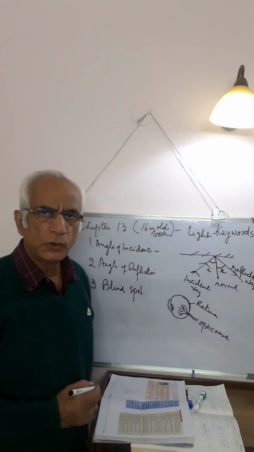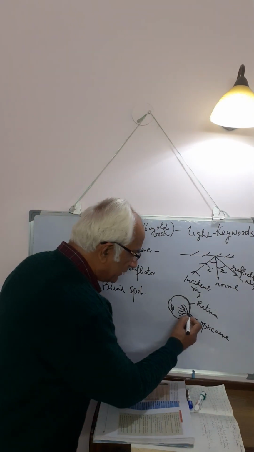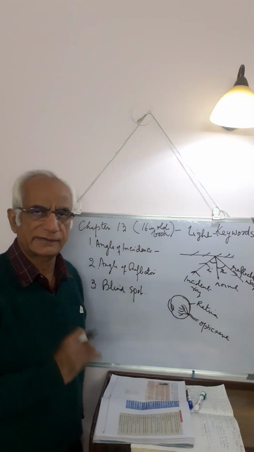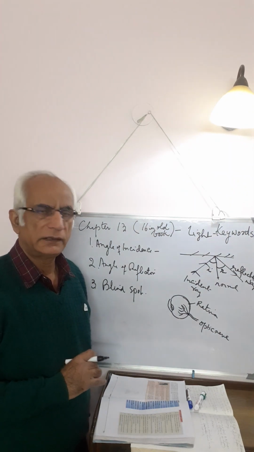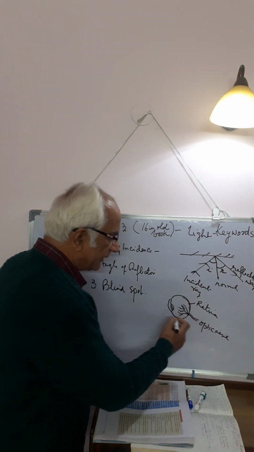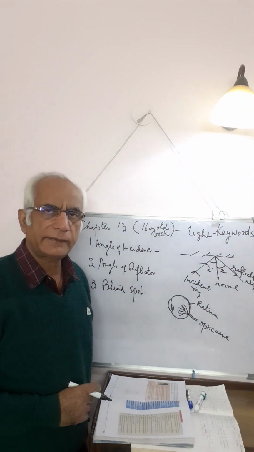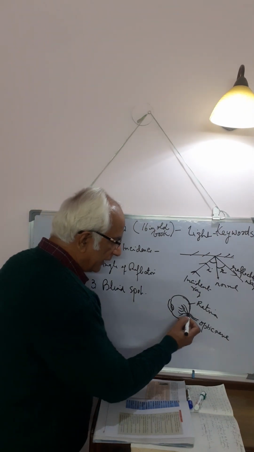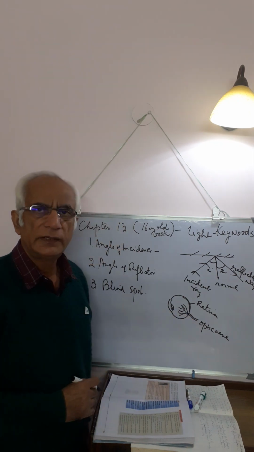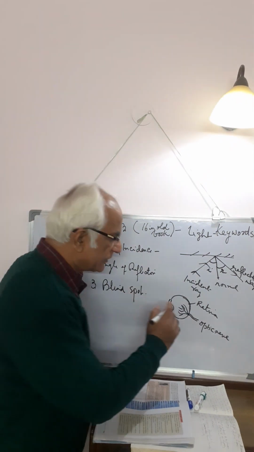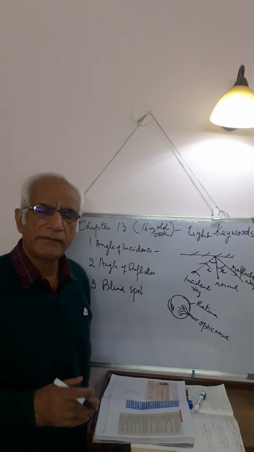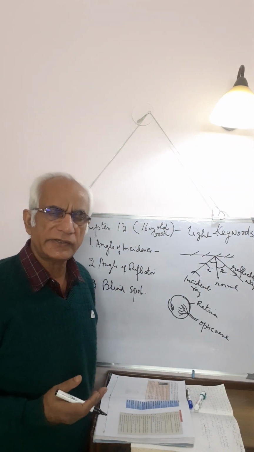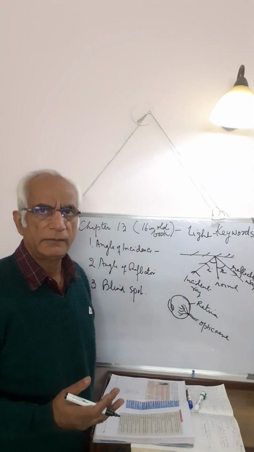Why it is called blind spot? Because at this point there are no sensory cells. Otherwise, retina contains sensory cells which send electrical signals to the brain and we see an image. Because there are no sensory cells here, any light that falls here does not generate any electrical signals and therefore no image is formed.